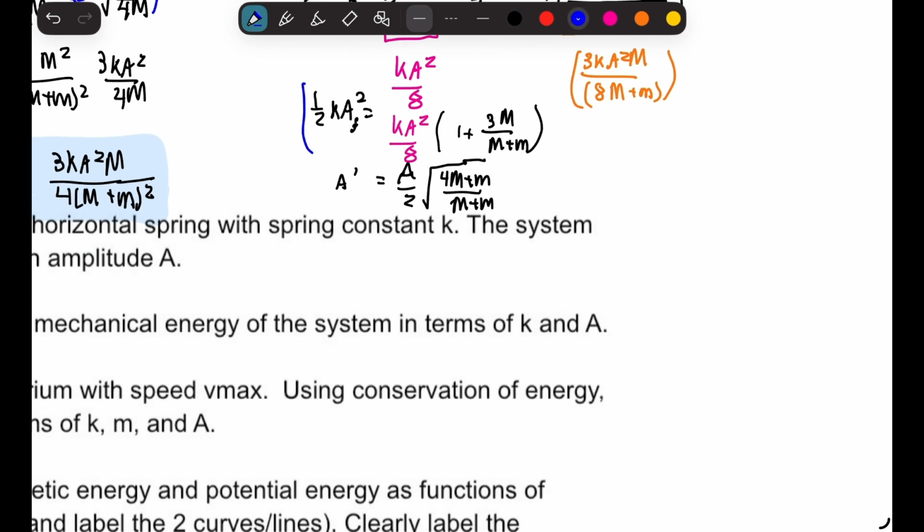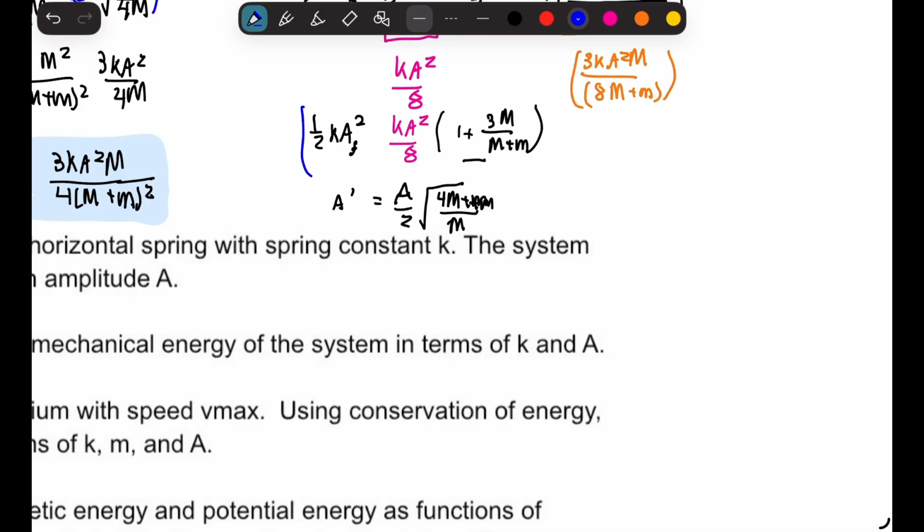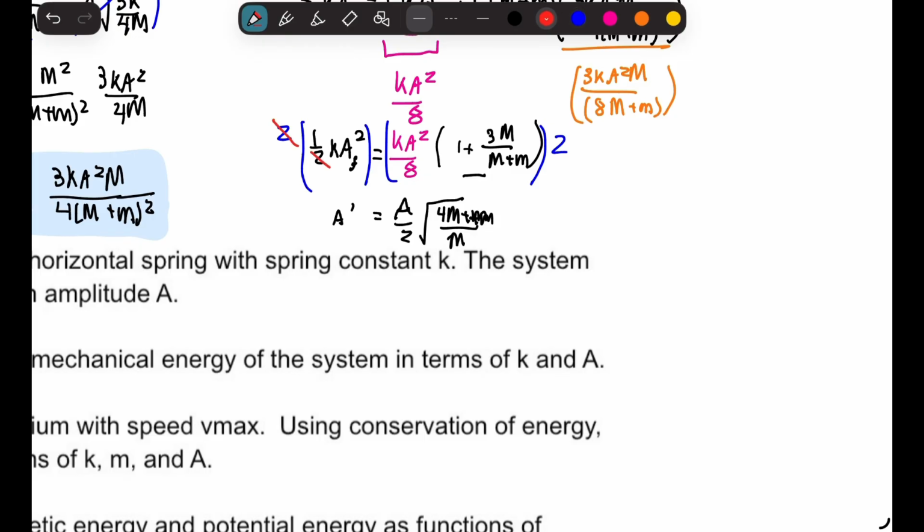So when you multiply both of these sides by 2, that's how you get rid of the 2 on this side, and then you distribute that there, and then you're also going to have to take the root of both sides, and you need to divide by k on both sides to isolate just A. So what I just deleted there was just a big M. And that is your A.